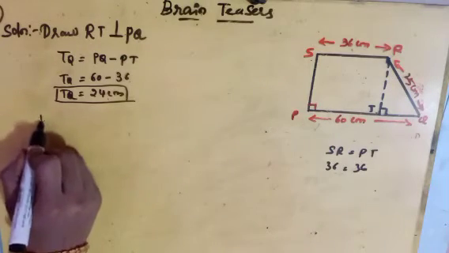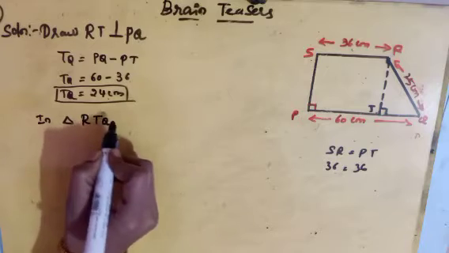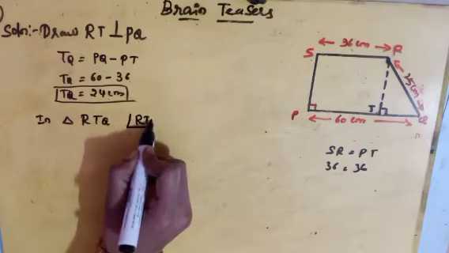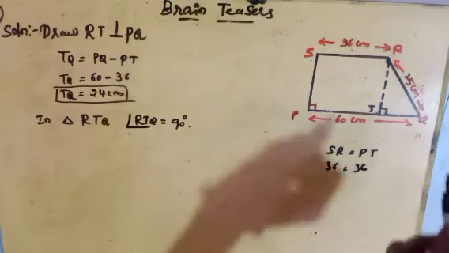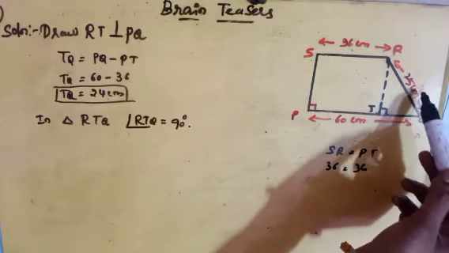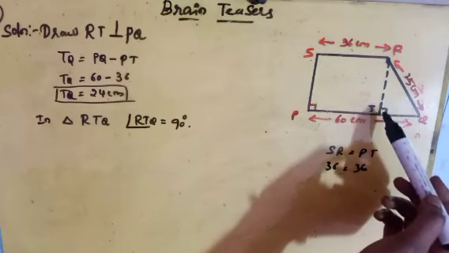Let us take triangle RTQ. In triangle RTQ, the angle RTQ equals 90 degrees. Next, let us apply the Pythagoras theorem, because we know the value of two sides and we don't know the value of the third side.